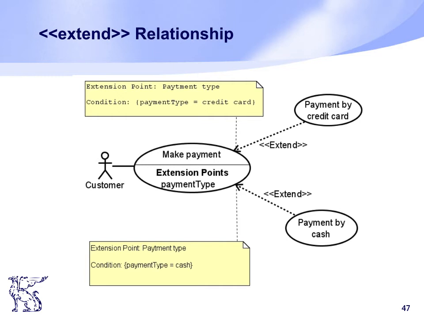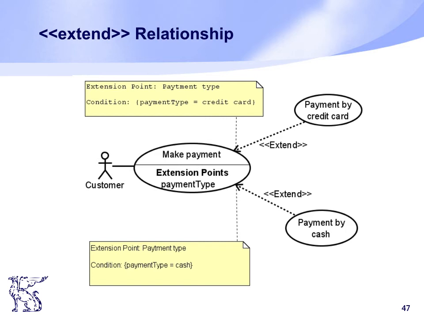So this bonus calculation is an extend relationship with the deposit money. It's an optional one. You can deposit money, but if it fits some criteria, if it exceeds the limit of 50,000, then the bonus use case will be called. So that's an optional relationship, and in that case, you can use the extend relationship.